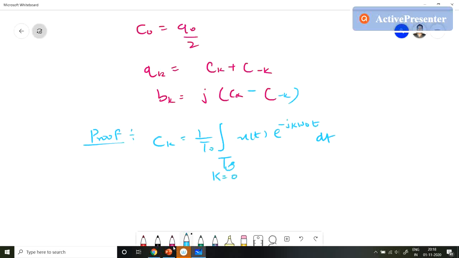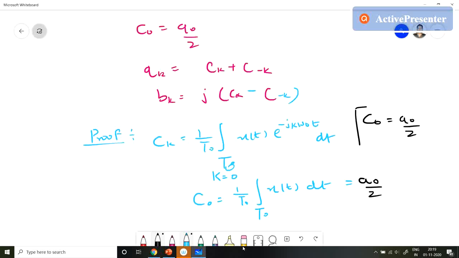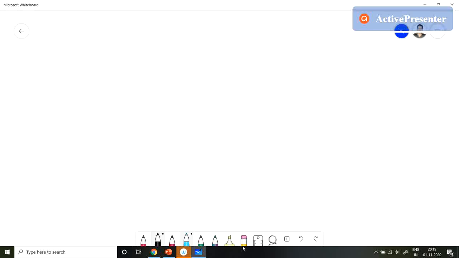Now putting k equal to 0, we get c naught is equal to 1 divided by t naught, integral of xt dt, and that is equal to a naught divided by 2, if we check the definition of a naught. So c naught is equal to a naught divided by 2. So we have proved this relation. Now we can prove the other relation also.